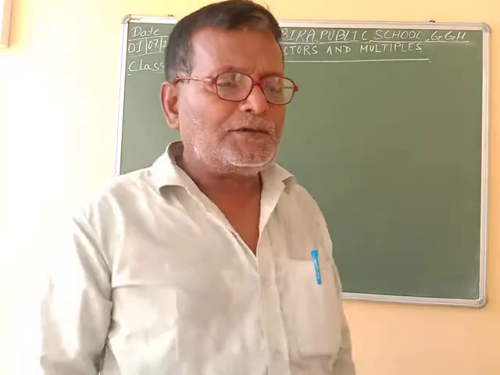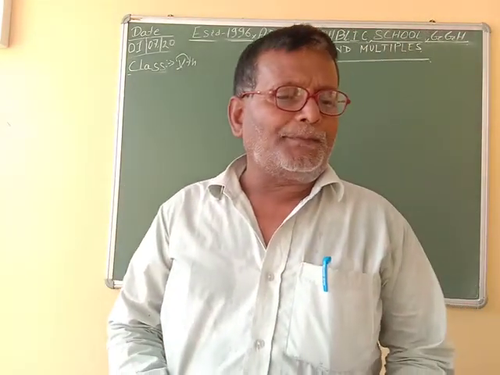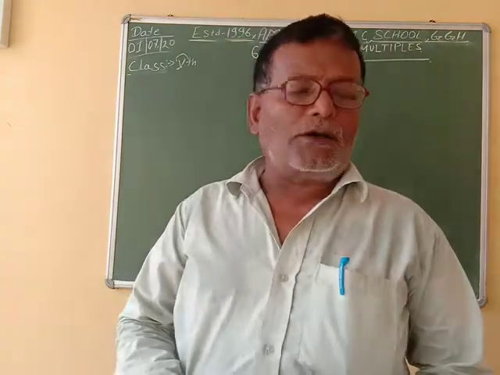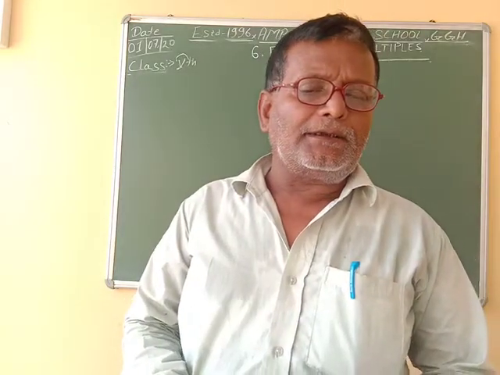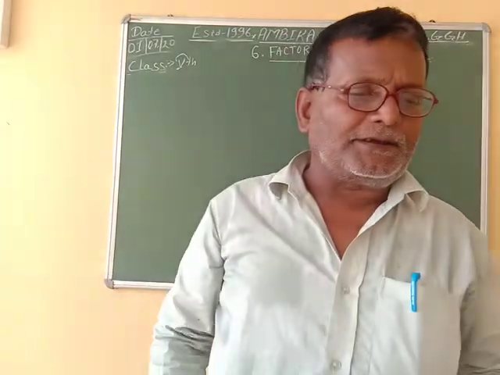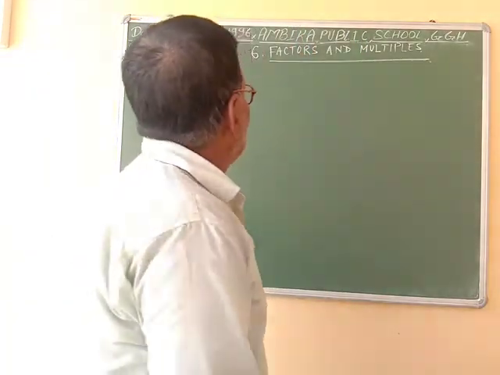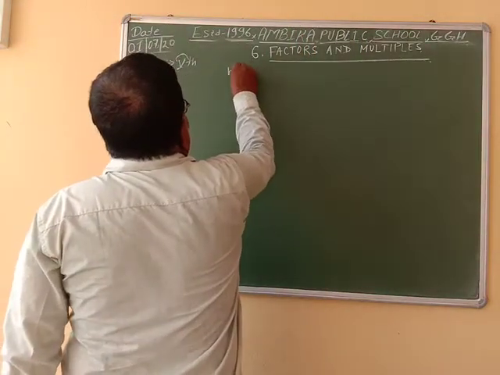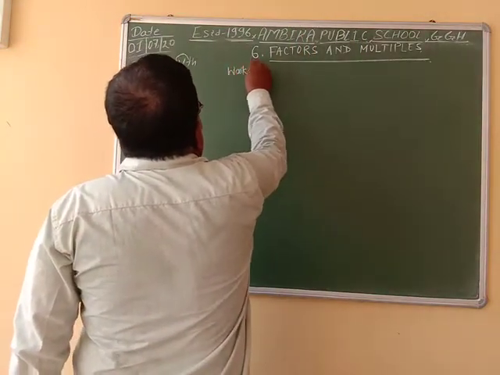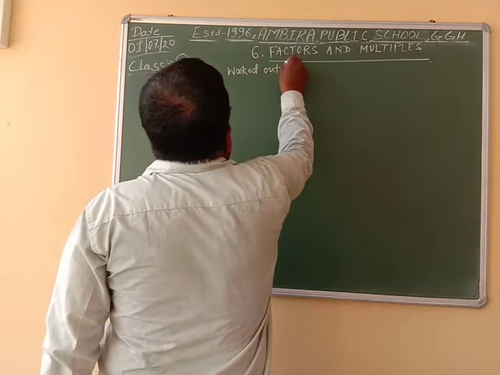There are two methods to find the prime factors. The first method is called the division method and the second method is called the factor tree method. Worked out examples.